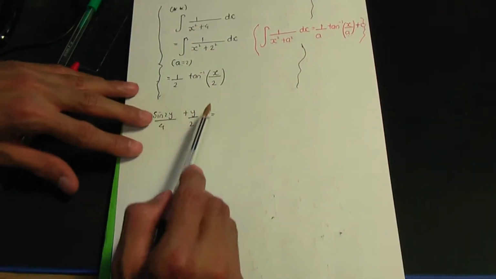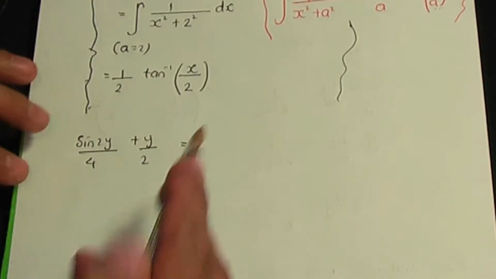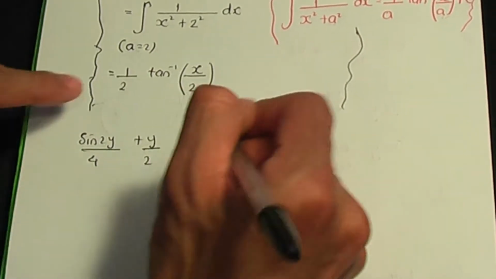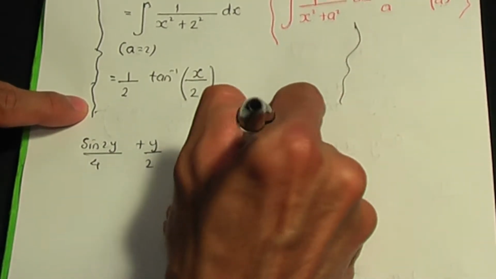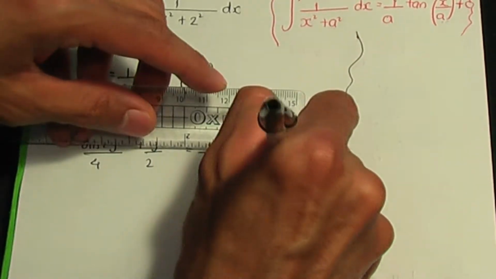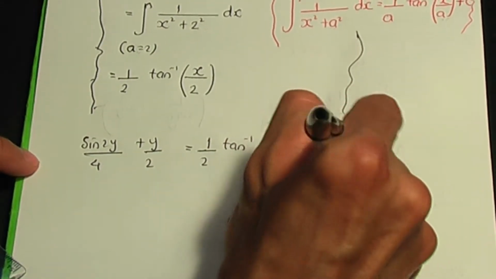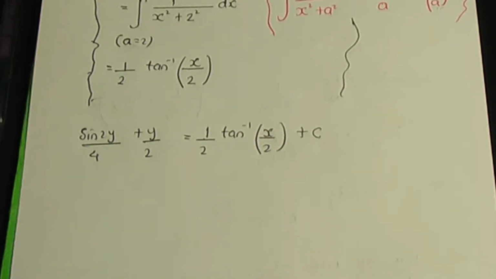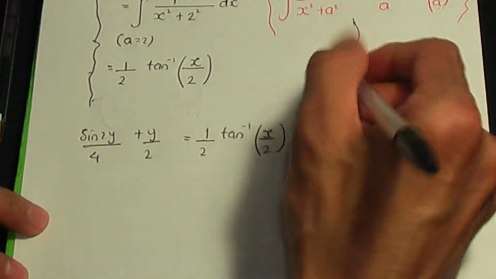We found the solution to that integral over here, and we had 1 over 2 tan inverse x divided by 2, and I like to add c on the right hand side. So this is our general solution.